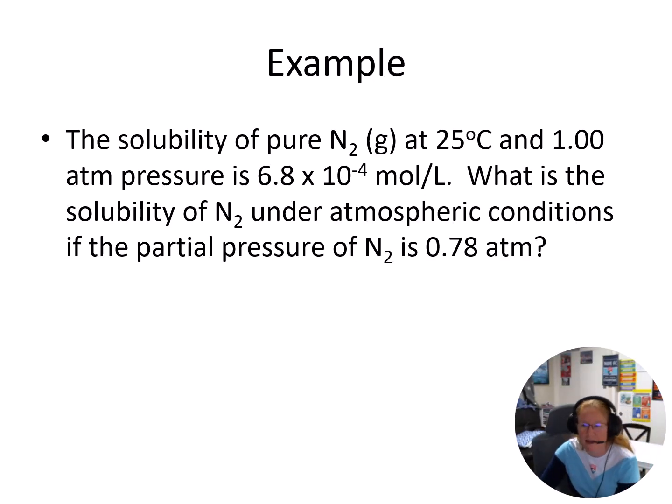All right, now I've got some nitrogen. Okay, the solubility at room temperature in 1 atmosphere is 6.8 times 10 to the negative 4th molar. Now, what happens if we change the partial pressure to 0.78 atmospheres? What does our solubility change to? Well, if you notice, we don't have the Henry's law constant here, so we're going to have to do 2 parts to this problem. Okay, part 1, we're going to solve for Henry's law.